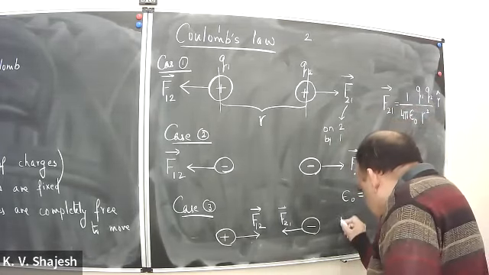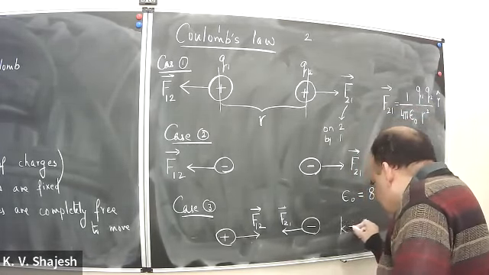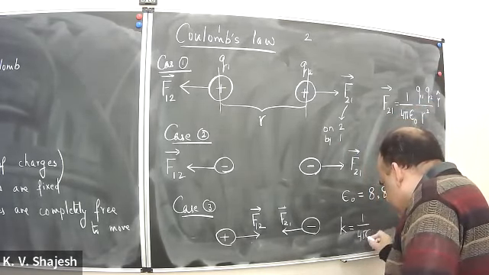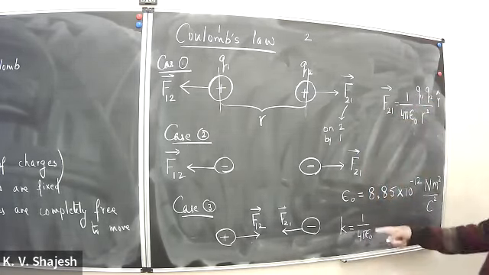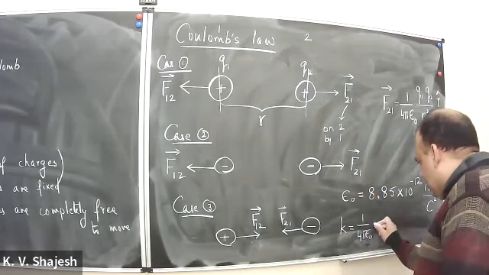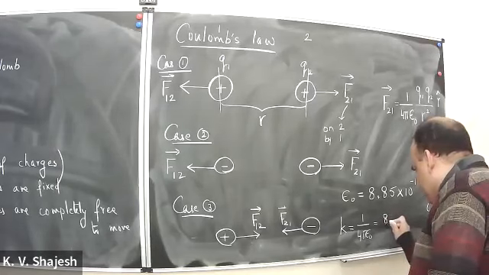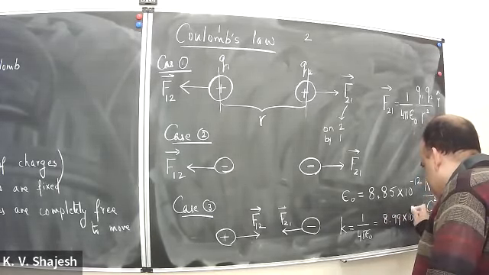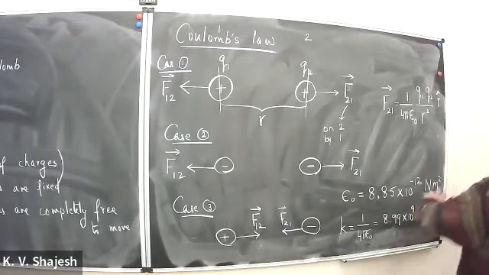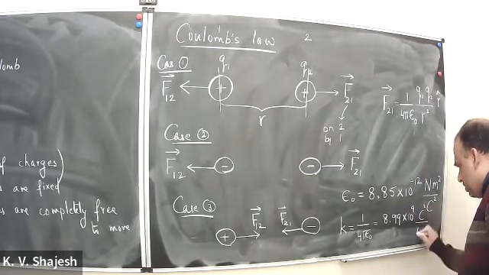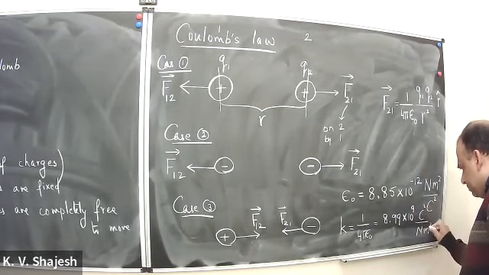So this you call a constant k, which is 1 over 4 pi epsilon naught. You multiply 4 pi with this and take the inverse of that, and that's equal to 8.99 times 10 raised to 9. And you have to flip the units, in this case, so this is Coulomb squared over Newton meter squared.